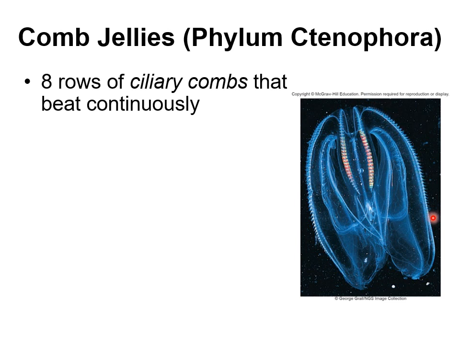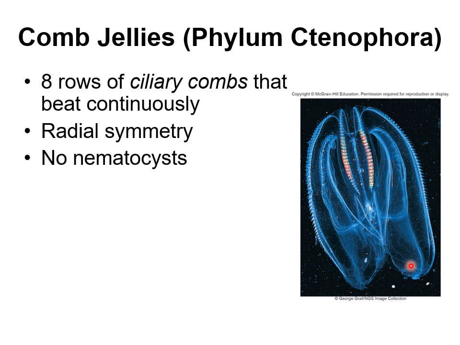What they're essentially doing is pushing this thing through the water, by the effort of all these tiny little paddles moving. So these combs are for movement. These things, like the cnidarians, have radial symmetry. So they have a central point running through their middle, and everything radiates out from that central point.